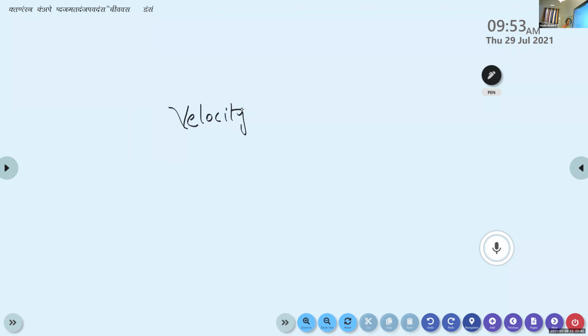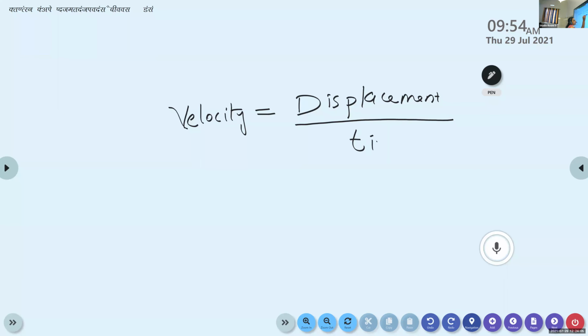The rate of change of displacement is known as velocity, or velocity is equal to displacement divided by time. What do you mean by displacement? A slight change in position. Displacement means the shortest distance between the initial point and the final point. That is what is known as displacement. So velocity is the rate of change of displacement, or displacement divided by time.